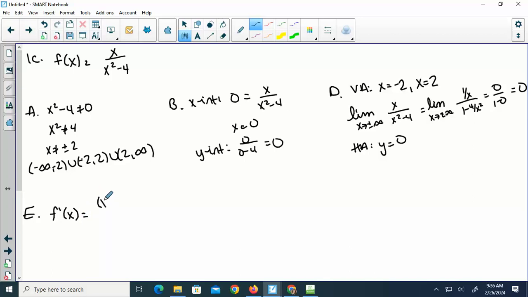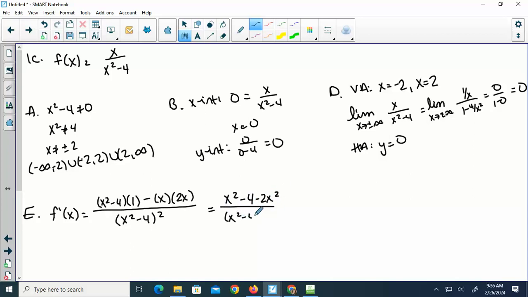So low, d high, derivative at the top is 1, minus high, d low, over low squared. So we get negative x squared minus 4 over x squared minus 4 squared.